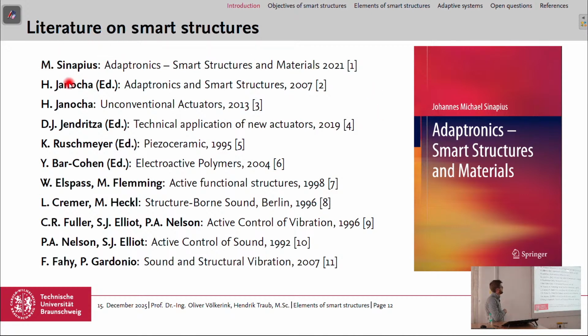Professor Zinapius was also here two times, also giving GIAN courses. And there are additional books focusing on more specific areas, like this book from Ruschmeyer on piezoceramics, or the book of Chauhan on electroactive polymers. So you get an introduction to the literature and can look something up if you like.